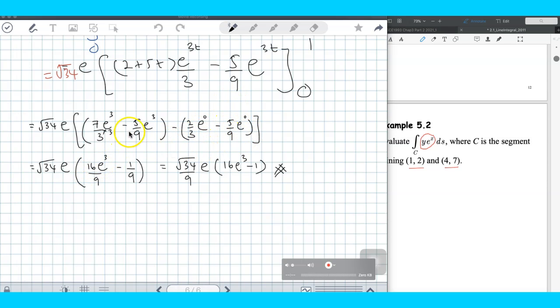And this one we can simplify. We will get 16 over 9 e to the 3, minus, and this one also can be simplified because e to the 0 is 1. So when you simplify this, we get negative 1 over 9. And then also we can simplify this form. And finally, we will get this one. Okay.